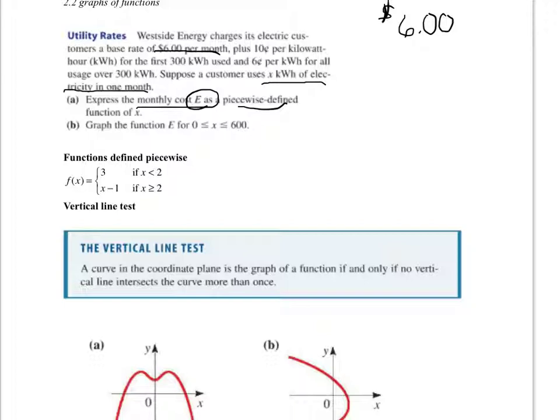Okay, but 10 cents per kilowatt hour for the first 300 kilowatt hours used.